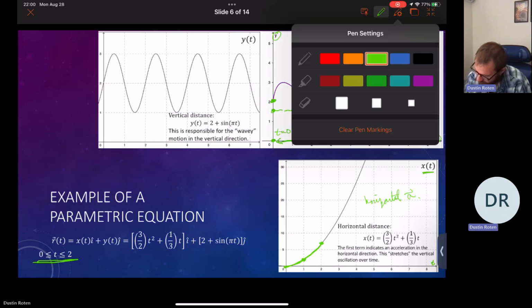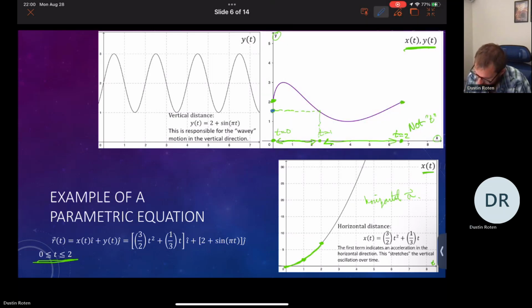So let's change colors, okay? So if my x coordinates are getting really stretched out, and the higher the time value is, the further apart they're going to be, what is my y component doing? All right, now it looks like my y component here is a sinusoid, which means it's just going to go up and down and up and down.